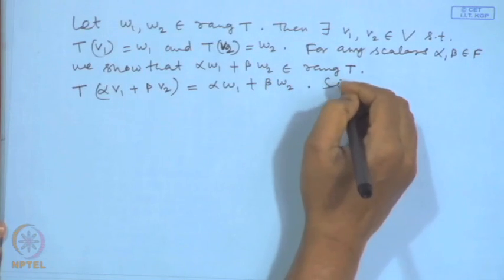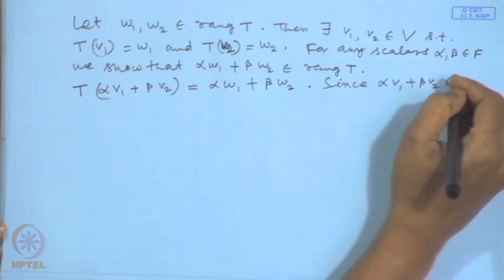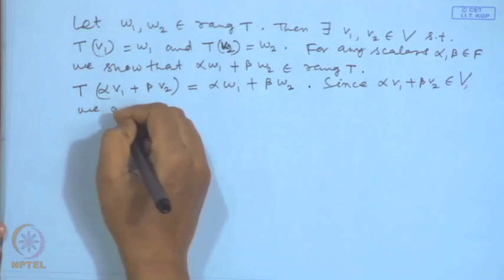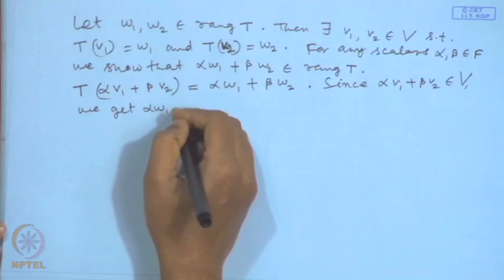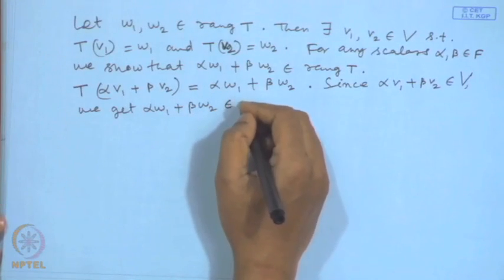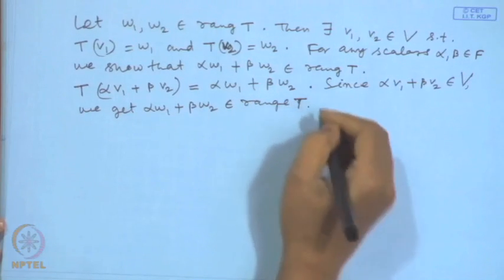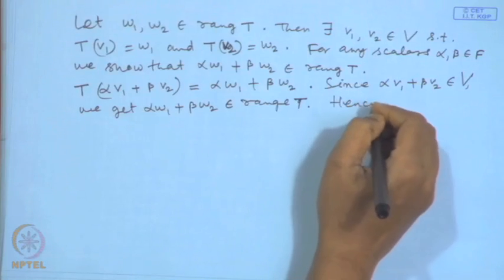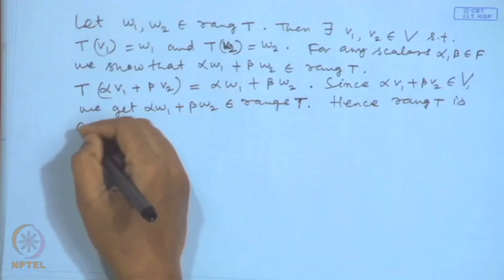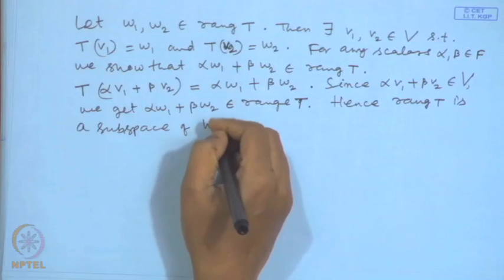Since alpha v1 plus beta v2 is an element of V, we get that alpha w1 plus beta w2 belongs to the range of T. Hence the range of T is a subspace of W.